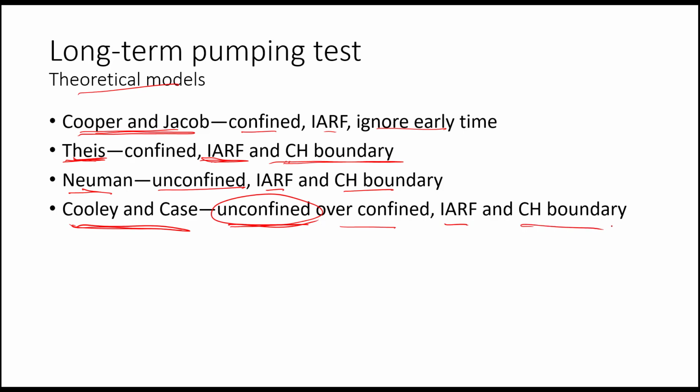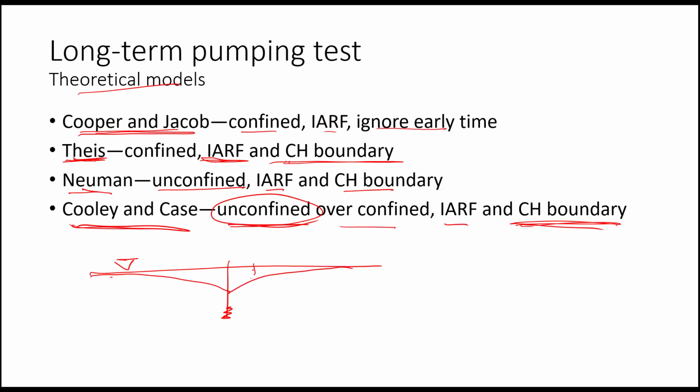Now, one thing to point out is that AQTESOLV allows us to include a constant head boundary in several of these solutions. And the way that it does this is using a technique called superposition. So if we look at a well here, and if this is the initial head, and we do a pumping test, and we generate head that looks like that.